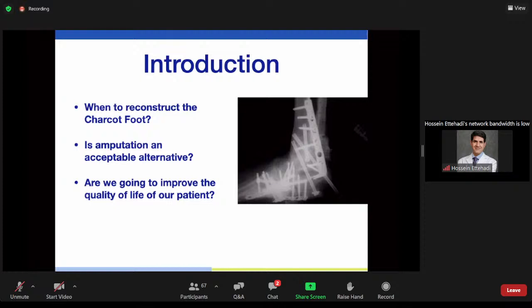Sometimes amputation can be like a taboo topic to discuss with our patient, especially in countries where there's difficult access to prosthesis. And so it's very important to have this talk with our patients beforehand.